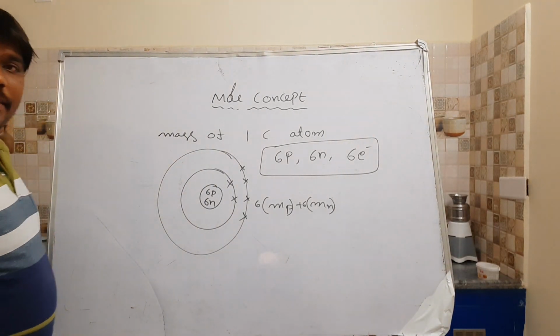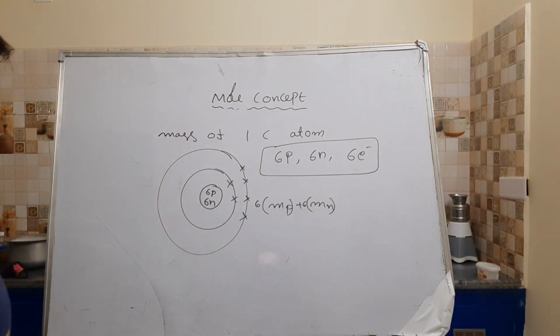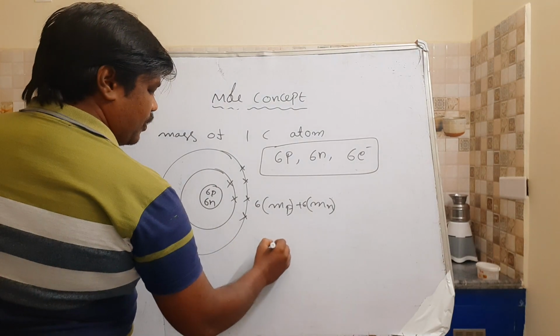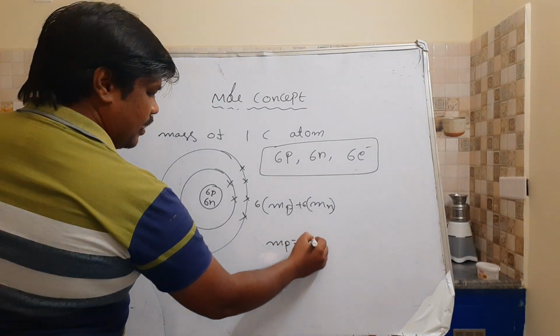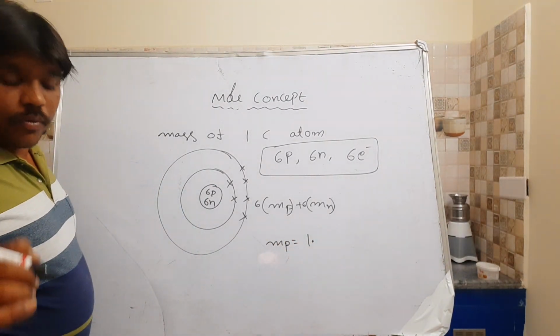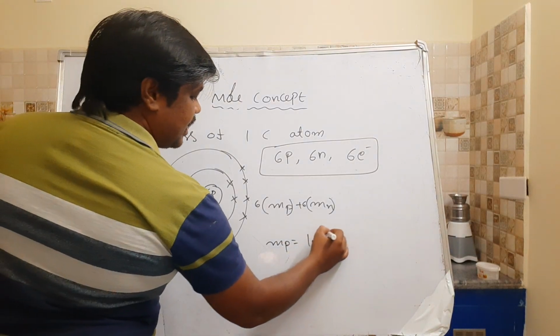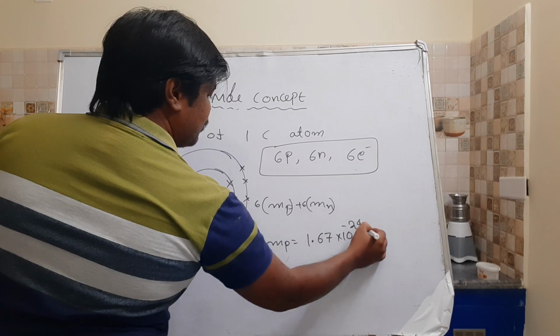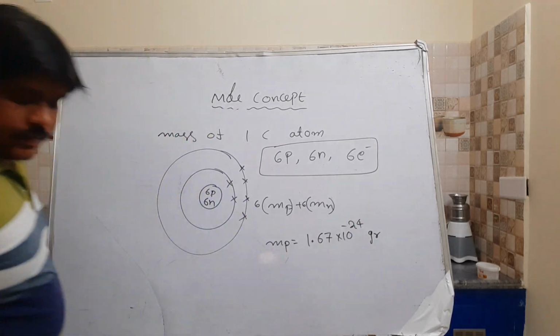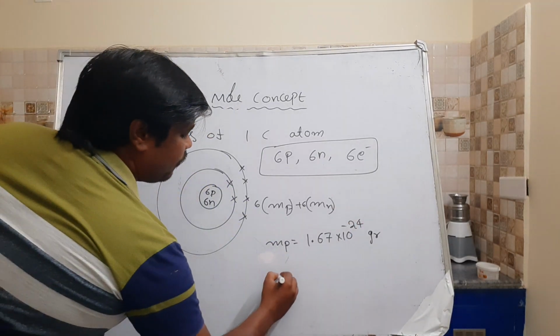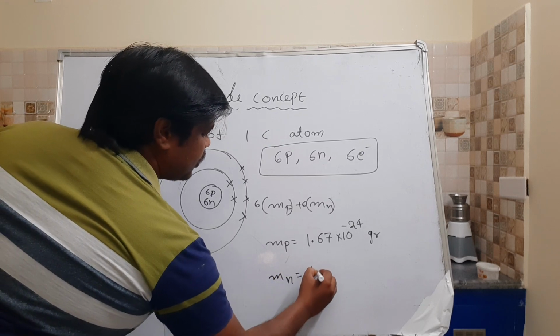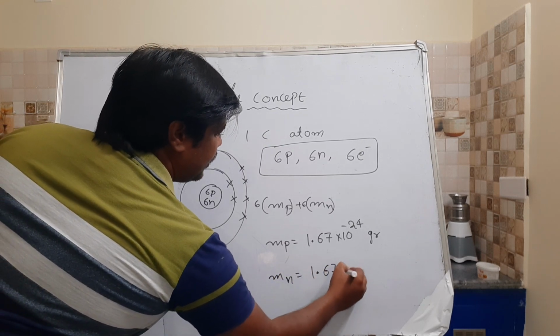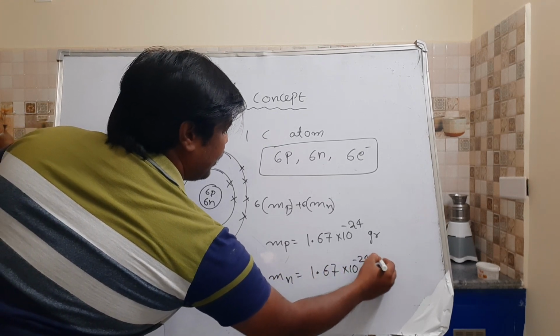Do you know the mass of a proton? The mass of a proton is 1.67 into 10 to the power of minus 24 grams. The mass of a neutron is also 1.67 into 10 to the power of minus 24 grams.